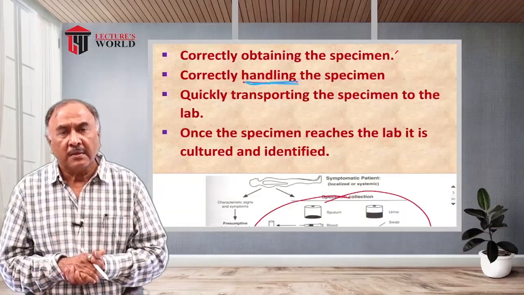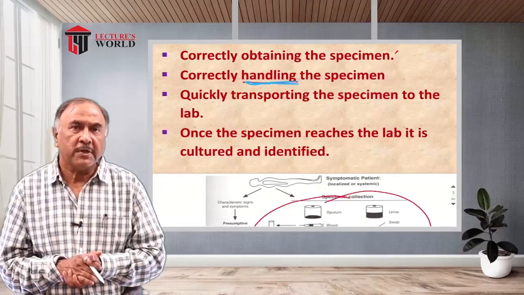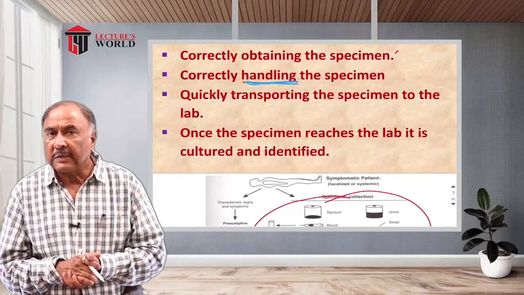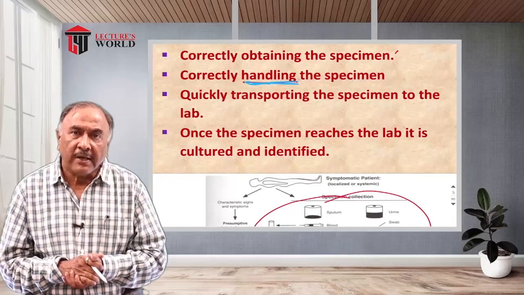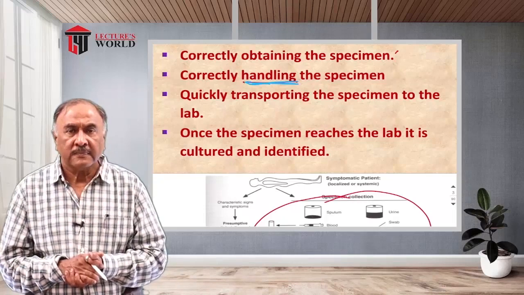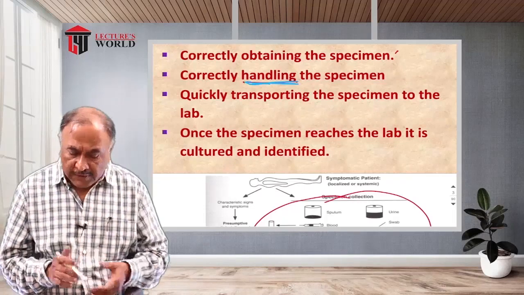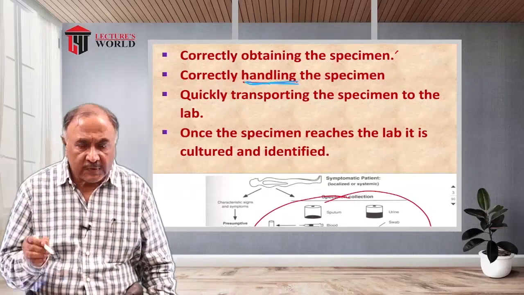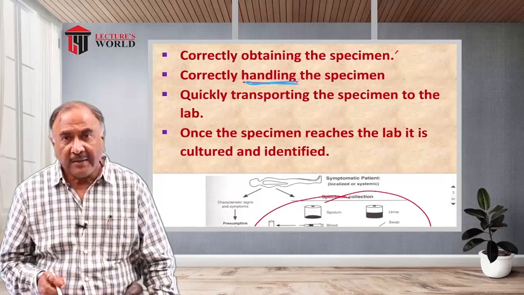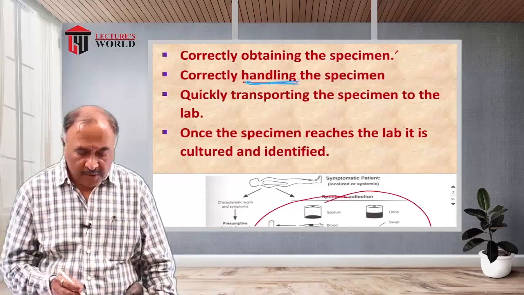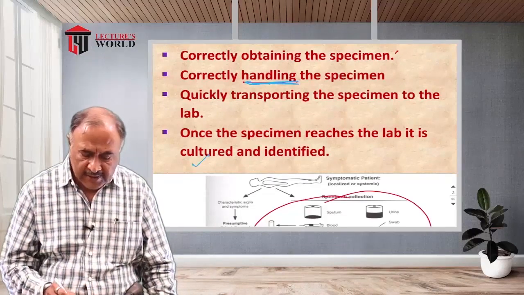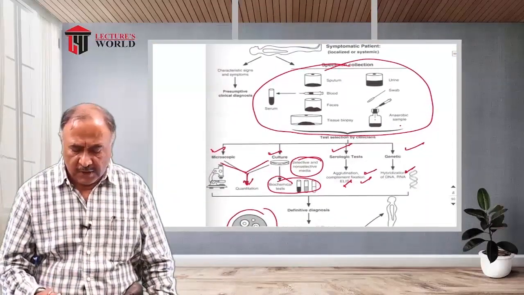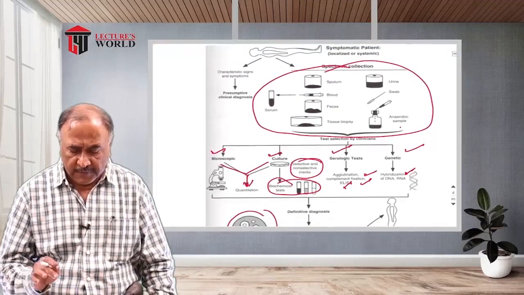And third, the sample should be transported at the earliest to the analytical laboratory. So that is the transportation. Now, once the specimen reaches the laboratory, then the last step is that it is cultured and then identified. So this is how the process works.